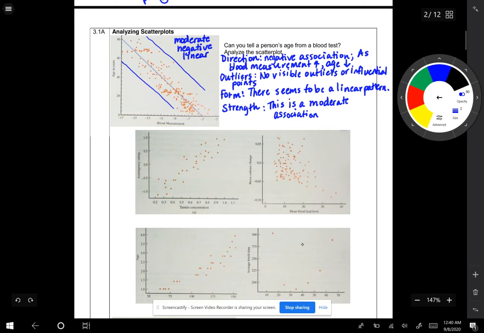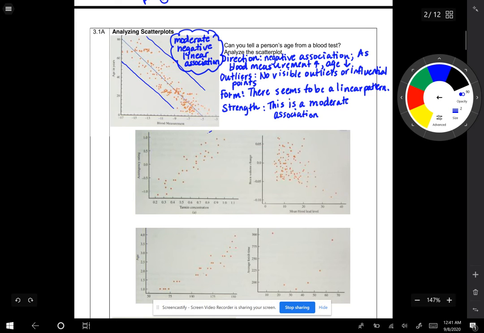That's how we mention all of that. Now notice we still didn't cover outliers in that description, but we did talk about the strength, the form, and the direction. Right. Okay, for the next one.